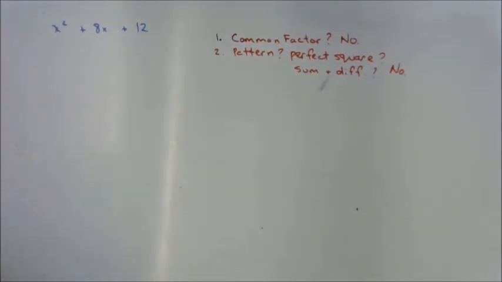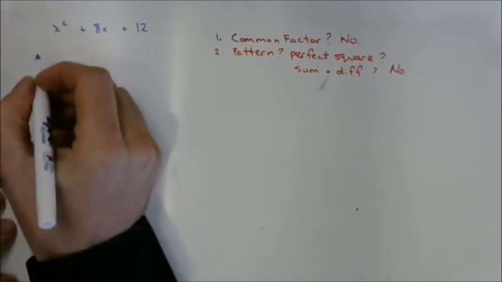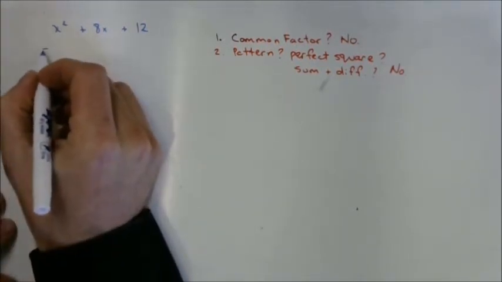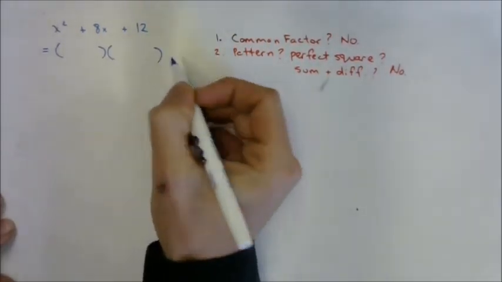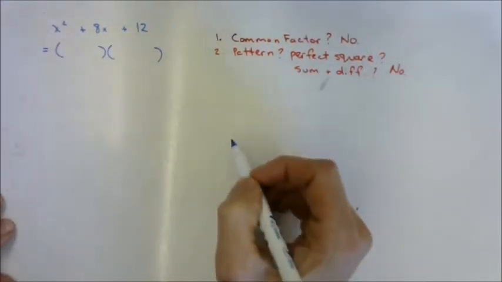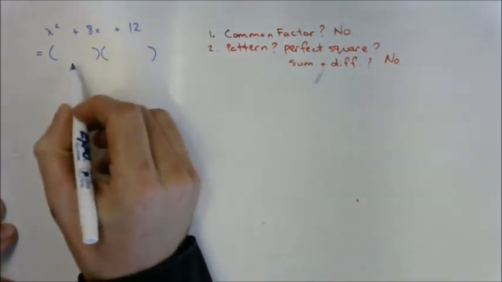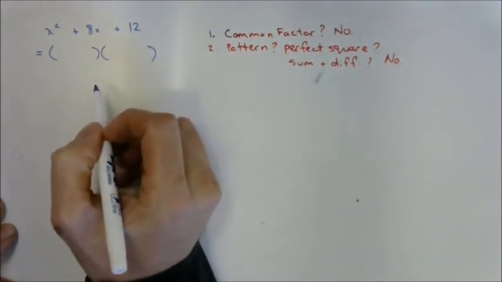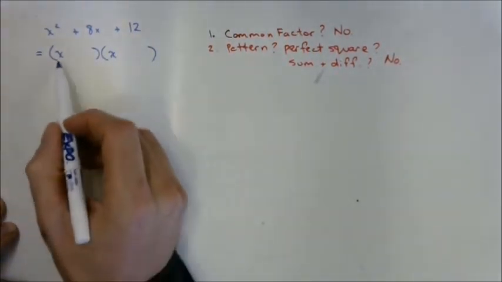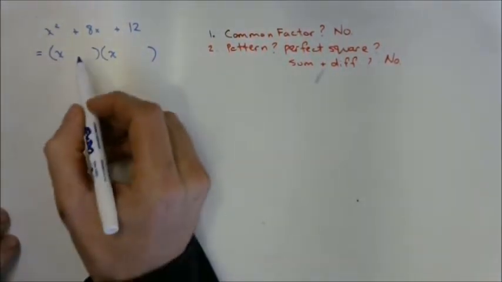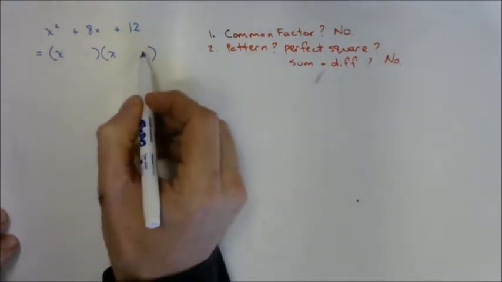Well, then the next goal in factoring this is you have to recognize what the completed factorization is going to look like. So what you're going to have at the end of this, if it's none of these, then you're going to have 2 binomials multiplied together. And inside each of those binomials, you have an x as the first term. And there's going to be 2 other terms, one here and one here.